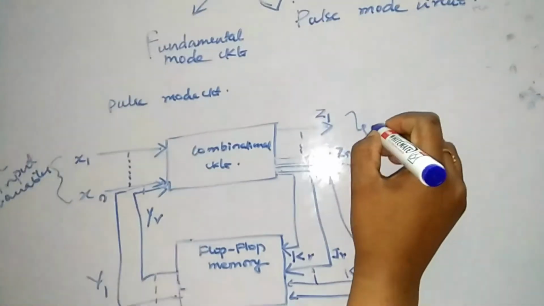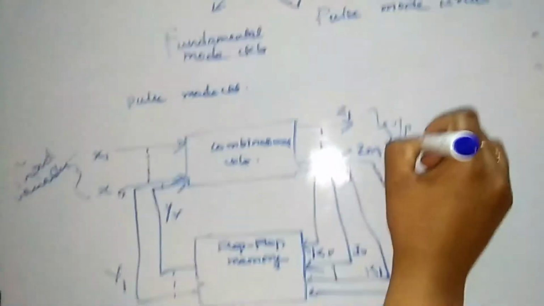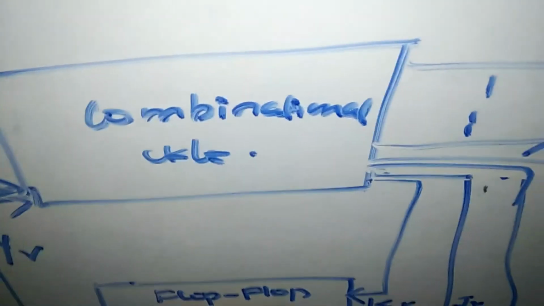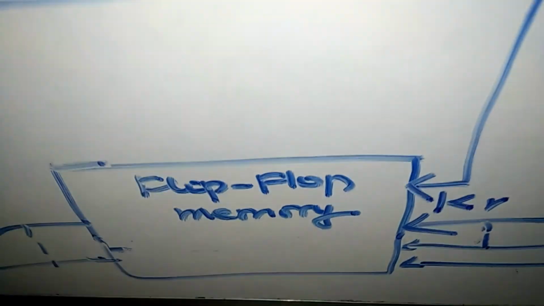And let me write this for you all here: J1 to JR as indicated, K1 to KR as indicated, Y1 to YR. All these specify nothing but your excitation variables.